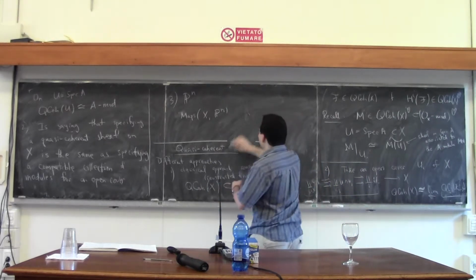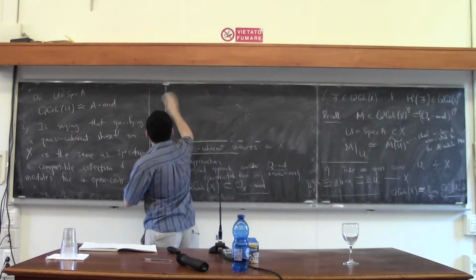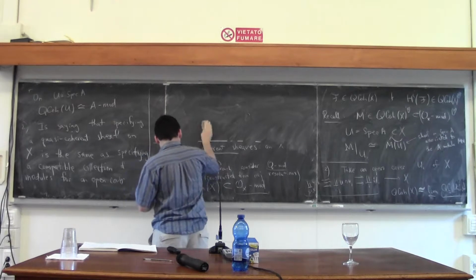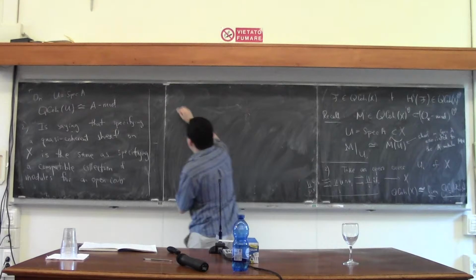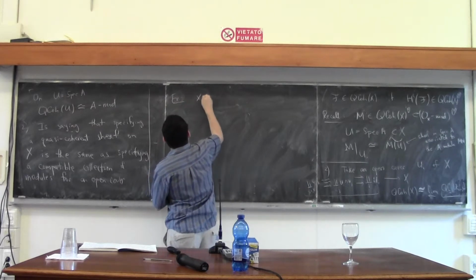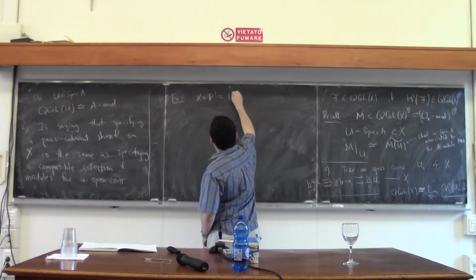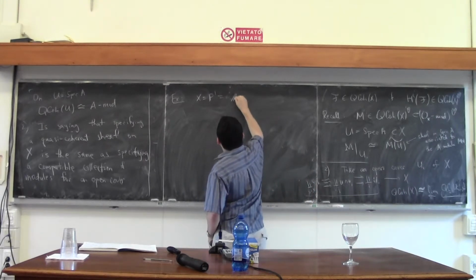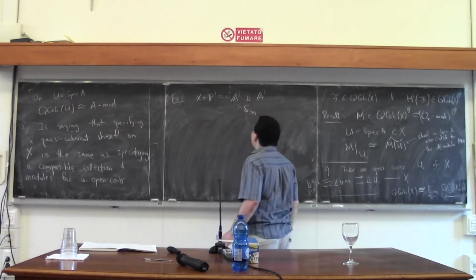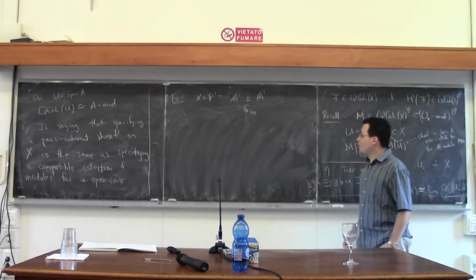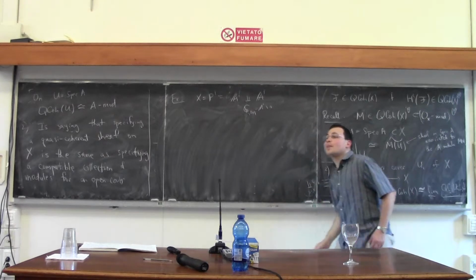So let me give an example where suppose X is a union of two affines. So let's say that X is equal to P1. Then this is the union of A1 and A1, over G_m, which is A1 minus 0.